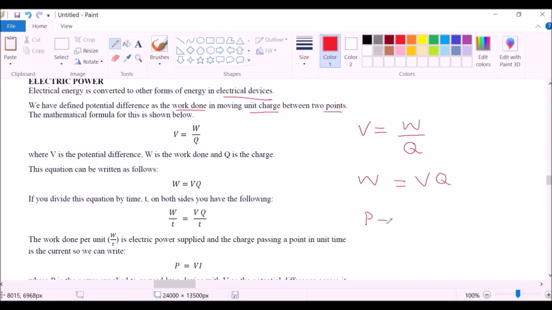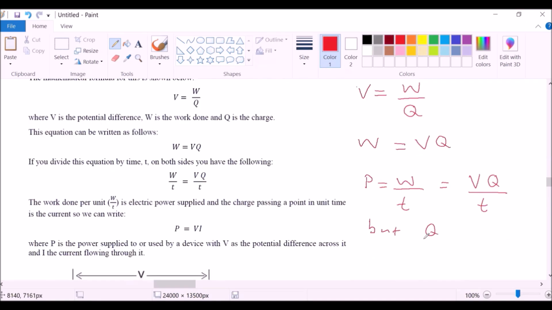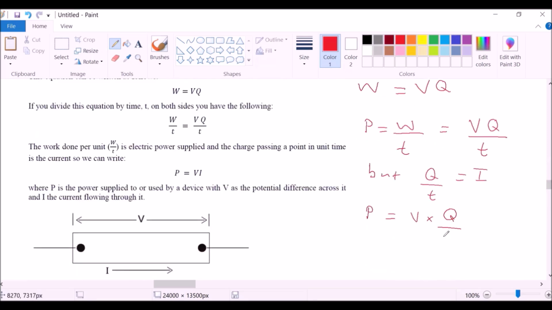But power is work done over the time taken, or the rate of doing work. So power can be calculated also as VQ over T. But Q over T, the rate of flow of charge, is current. So power is equal to V times charge over time from this equation.